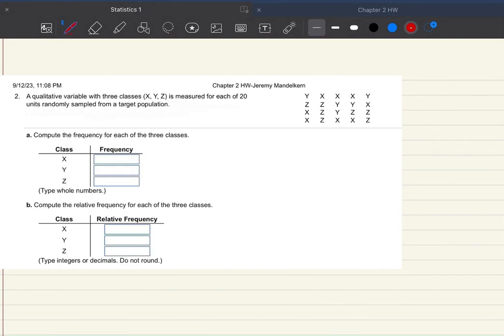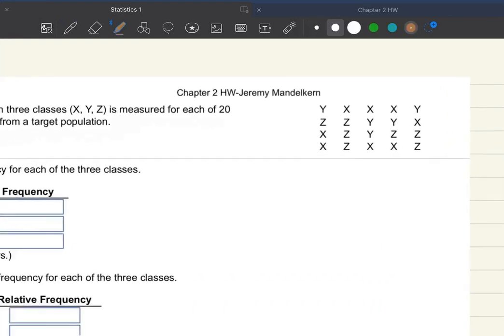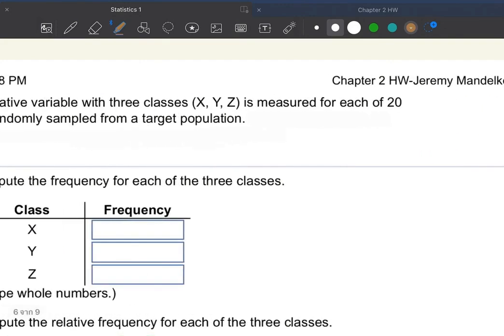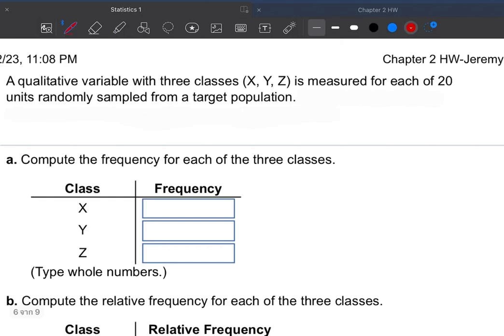A qualitative variable with three classes, x, y, and z, is measured for each of 20 units randomly sampled from a target population. To compute the frequency is just to count it. It's the only way for this question. So for x, we have 1, 2, 3, 4, 5, 6, 7, 8. So the x class has a frequency of 8.